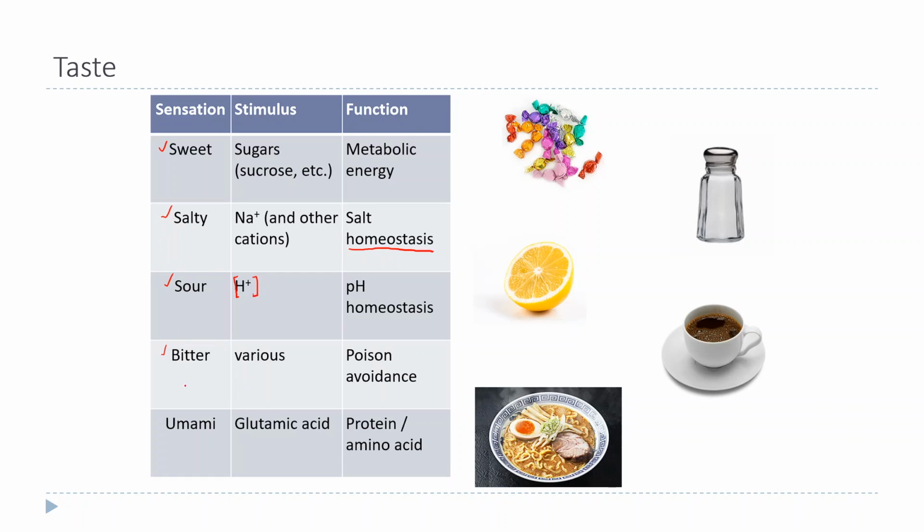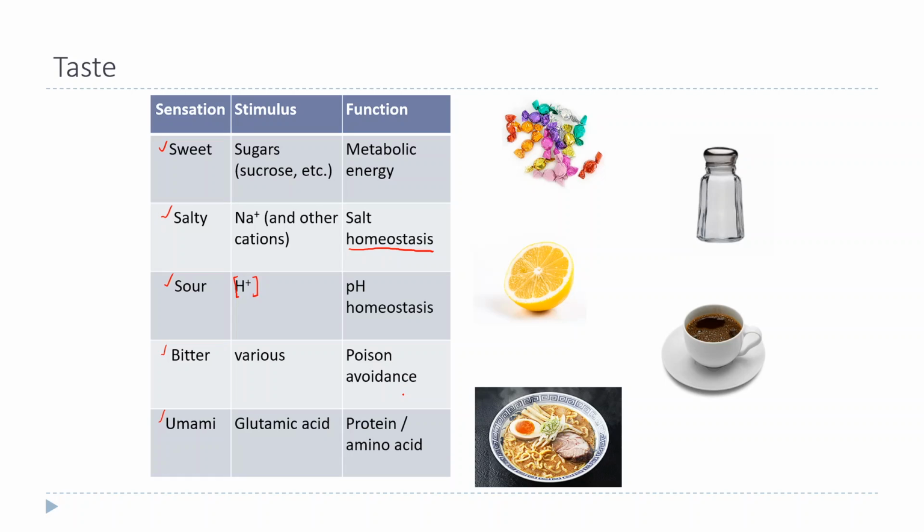And then umami, meanwhile, is the sensation that you get from consuming glutamic acid, in either the acid form or the free base form, which is called glutamate. And this is usually associated with foods that have a high protein content, because glutamate is one of the amino acids that you can use to make proteins.